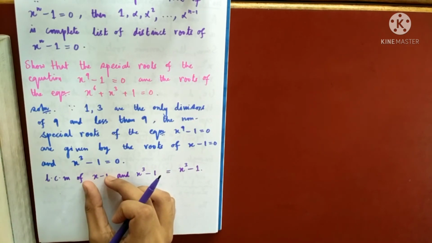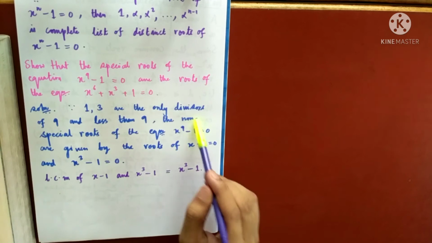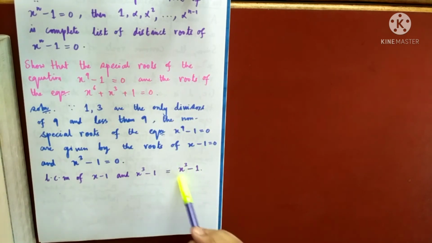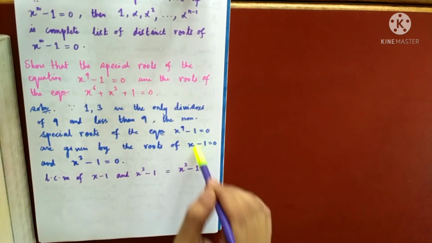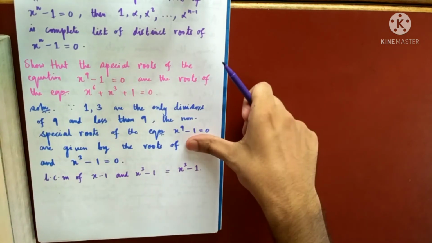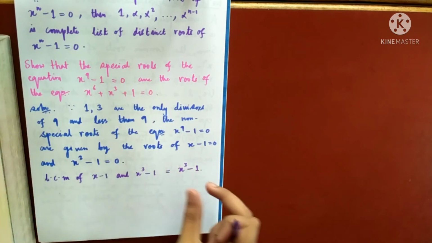So the multiple of this and this is definitely this. That means all the non-special roots of this equation are the roots of this equation. That is very obvious because 1 is already present here, so no need to consider this. That is the reason I wrote the LCM. So the LCM of this and this is this.